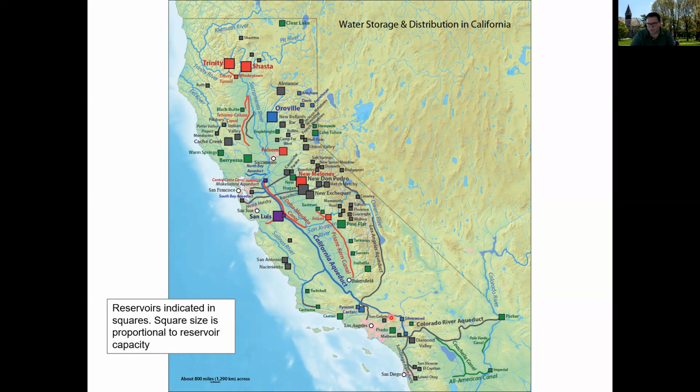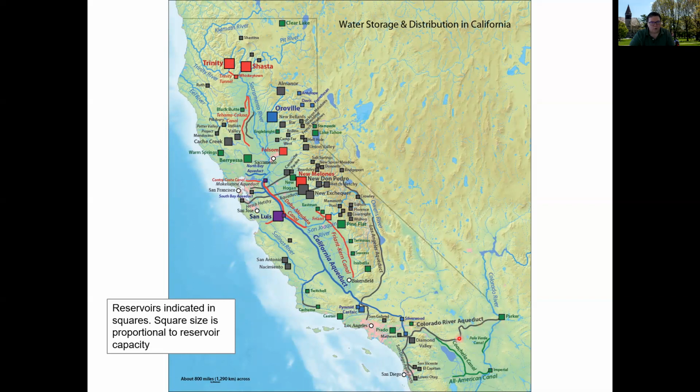San Diego and LA exist almost entirely on water that comes down from either precipitation or snow melt in the Sierra Nevadas in this part of California. So additionally, for Southern California, particularly for Southern LA and San Diego, there's another major aqueduct that brings water over from the Colorado River. The Colorado River would normally form the eastern boundary of California and Arizona, I suppose, and then go on to Mexico.